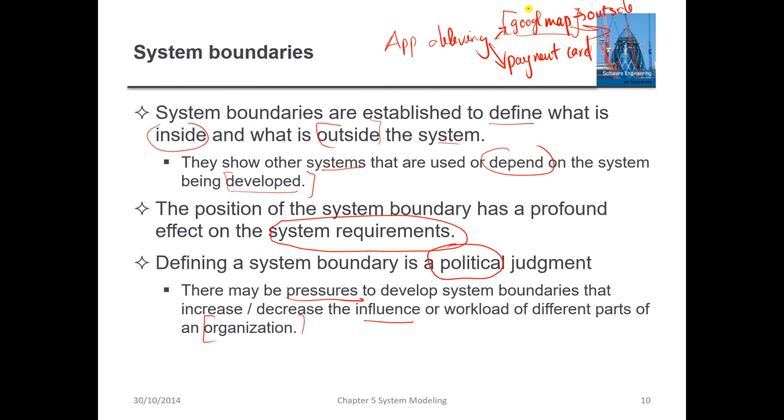If you define the map inside the system, you must develop a different map and integrate it into the current system. So it's political. It will put pressure on developing a boundary.